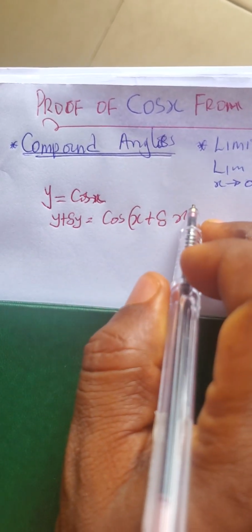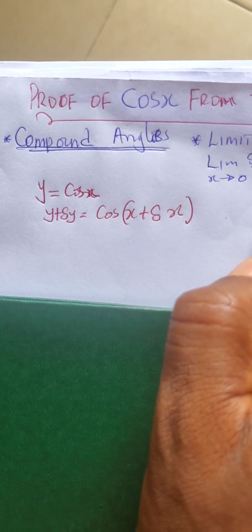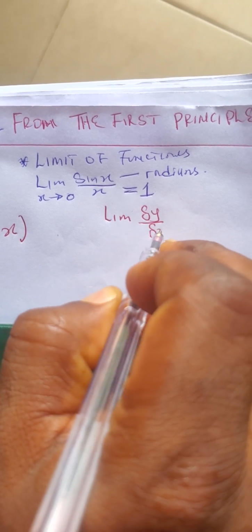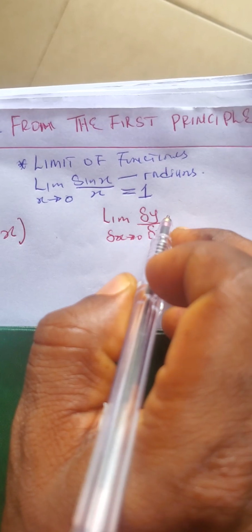What we actually want to prove is to find the limit of increment in y with respect to increment in x, as increment in x tends to 0, which we take to be dy/dx. Please take note of that.